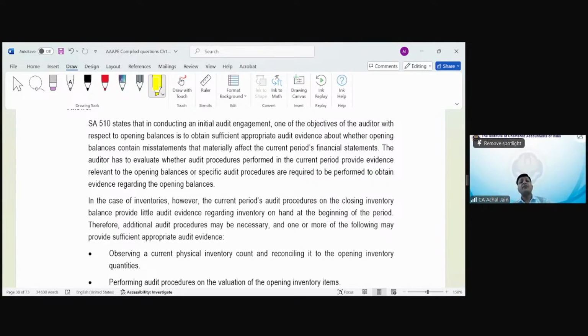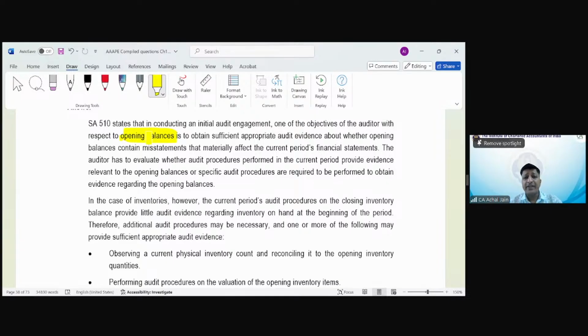One of the objectives of the auditor with respect to opening balances is to obtain sufficient appropriate audit evidence whether opening balances are correct or not, for which the auditor will have to apply some audit procedures on those opening balances. They will not presume they are audited.